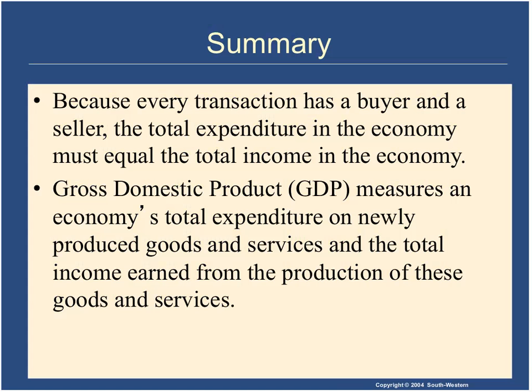So the total that you're spending is going to be the total that you make. Gross domestic product, or GDP, measures the economy's total expenditure on newly produced goods and services and the total income earned from the production of these goods and services.